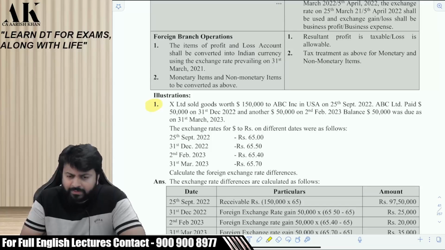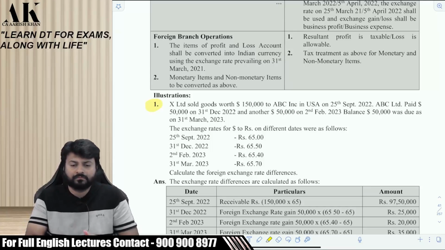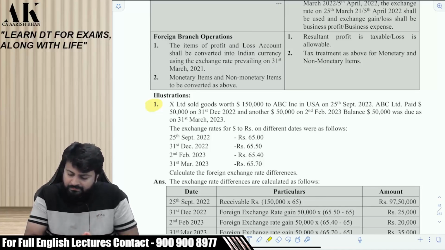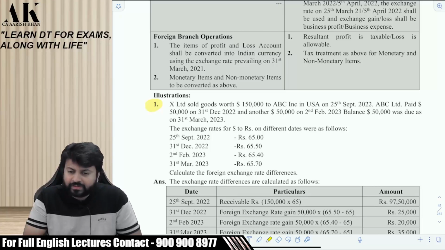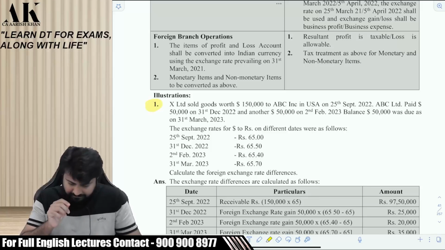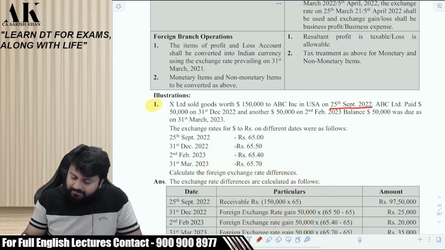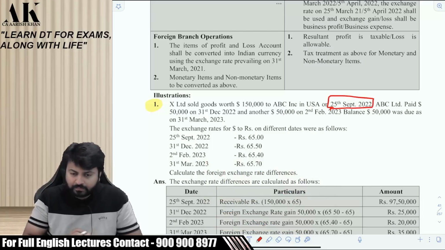First of all, which section will be applicable? 43A or 43AA? Please tell. AA obviously. A is not applicable here. Okay. Now, first of all, on which date you will record the transaction? 25th September, right? Right or not?